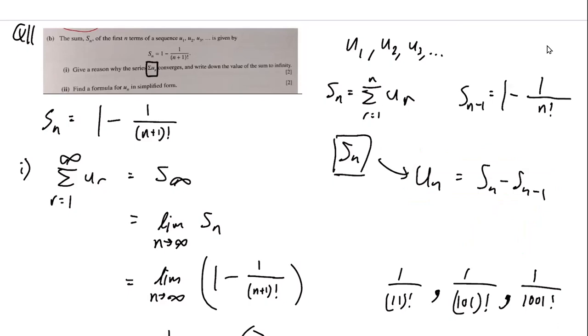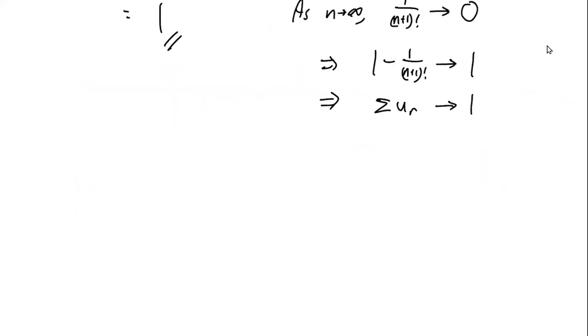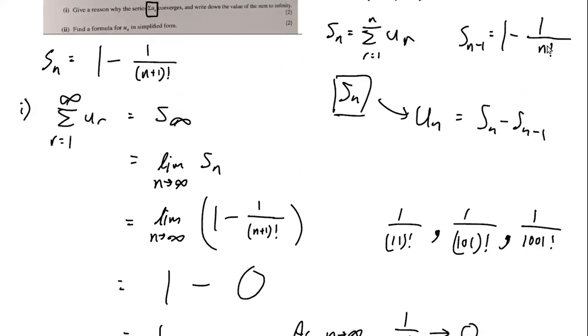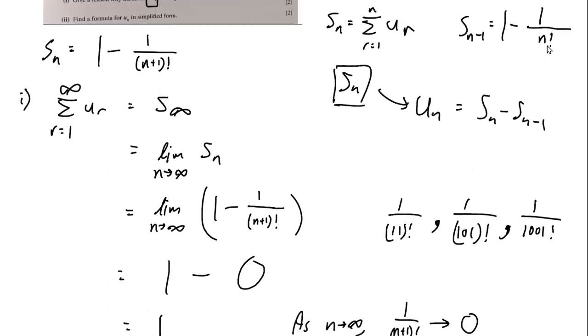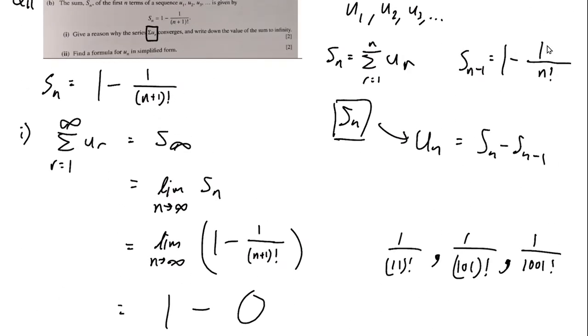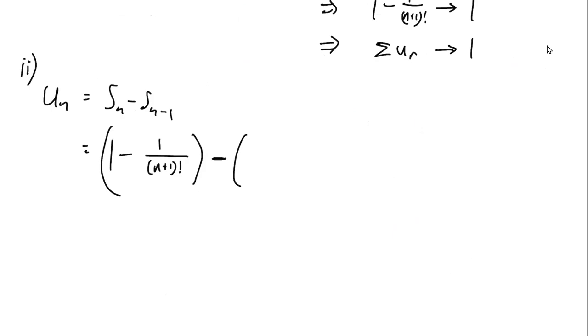Okay, so let's do that. Sn is this expression, 1 minus 1 over (n plus 1) factorial, minus S(n minus 1), which is 1 minus 1 over n factorial.